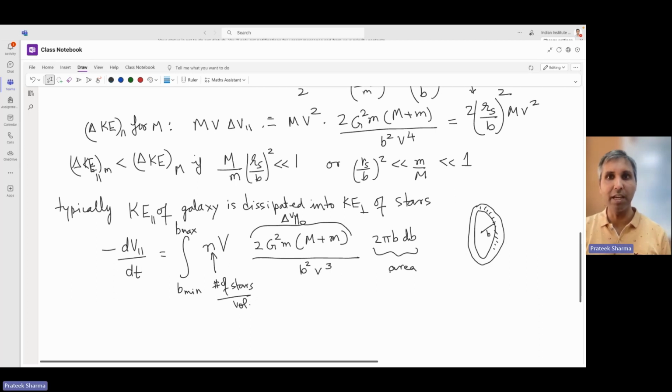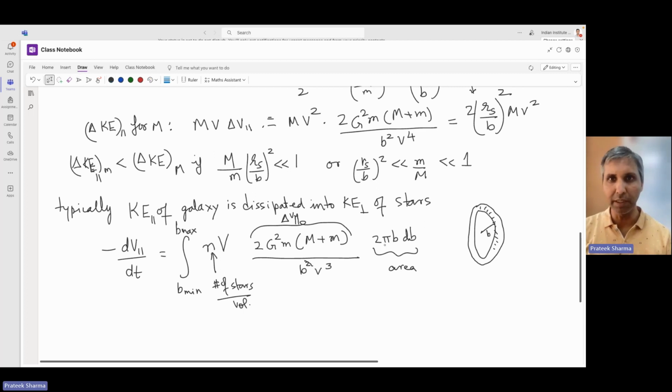So flux times an area is number per unit time, and this is the change in velocity in the parallel direction for the galaxy. So if you average over all possible B's, this is what you get for how fast your parallel velocity will get dissipated.